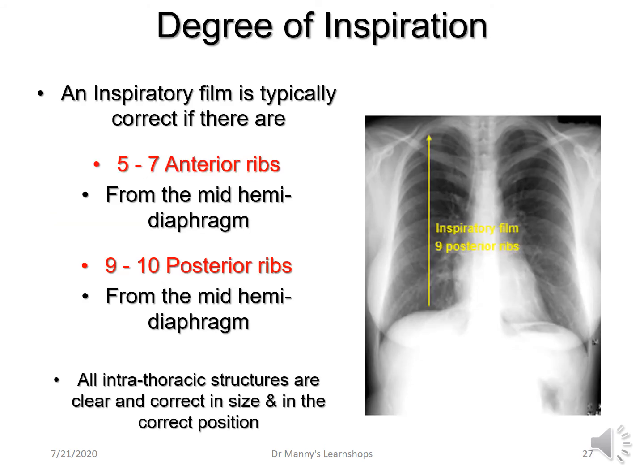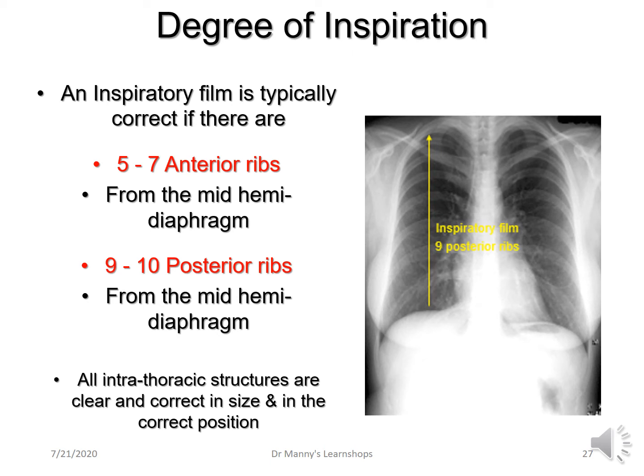This is the final technical component, which is referred to as the degree of inspiration. Typically, an inspiratory film is correct if there are 5 to 7 anterior ribs, or 9 to 10 posterior ribs that can be seen on the x-ray film from the level of the mid-hemidiaphragm, right or left, it's your choice.